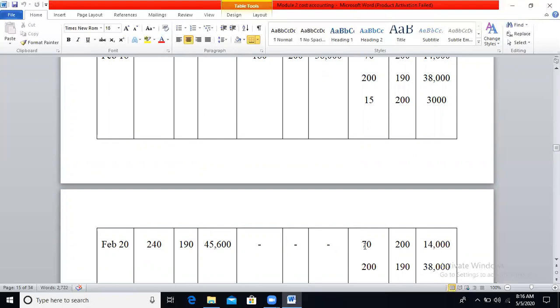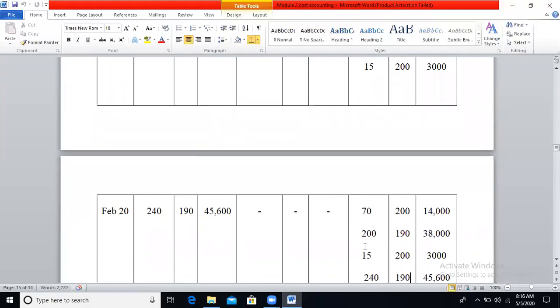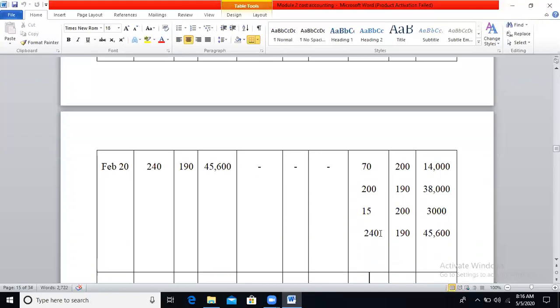So first you have to see the balance, the balance tons from the previous purchases. You have to write that first. Still we are having, out of 500 tons, the remaining 70 tons at rupees 200, the value will be 14,000. And the second purchase, that is 200 tons at rupees 190, the value will be 38,000.